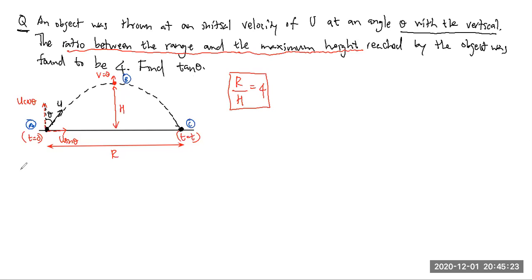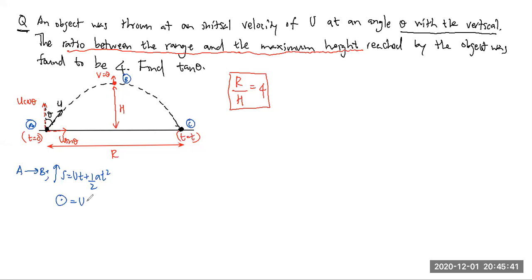So the first step would be to find time. We are going to apply the equation from A to B upwards, s equals ut plus half at squared, to find time. Because when you go from A to B, the upward displacement is 0.